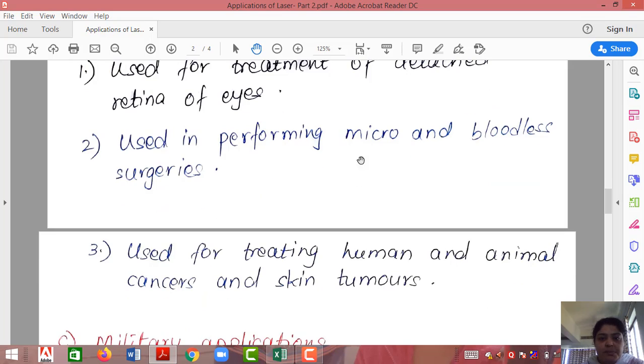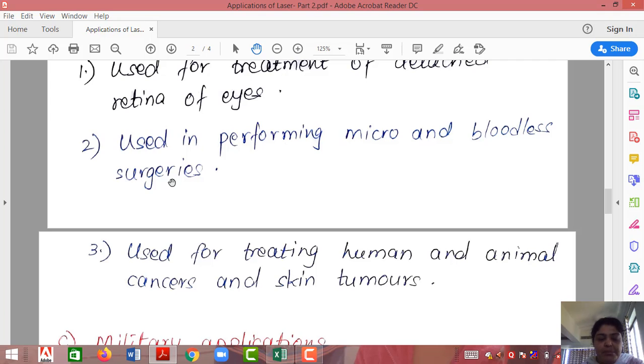It is also used in performing micro and bloodless surgeries. A normal or traditional surgery needs the body part to be cut. Then the surgery is performed and sutures or stitches are taken. But if you are using laser, just a hole is made in your body, or even without that, surgeries are performed.